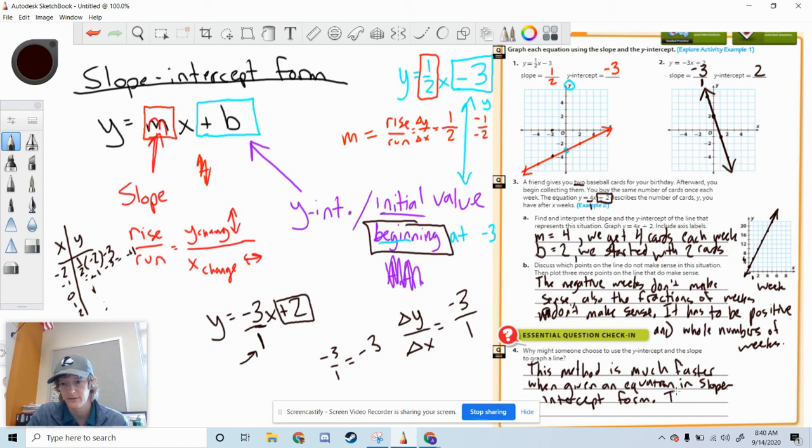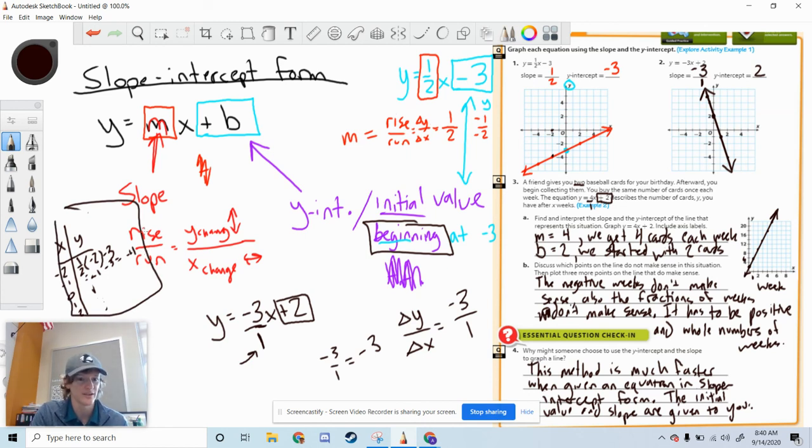How about the starting value, or the initial value and slope are given to you? I mean, it's so much quicker. I would say it's easier myself. It's certainly a lot less work. Like this over here, this is a lot of work. And sometimes it's the only way to do it.